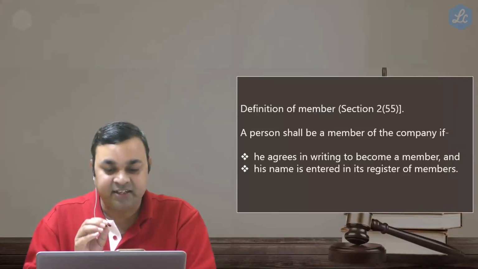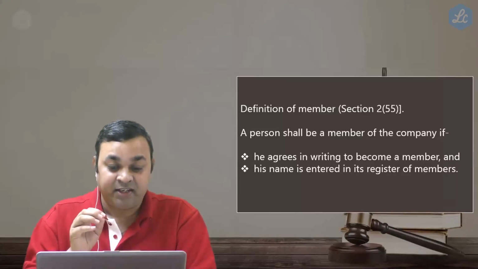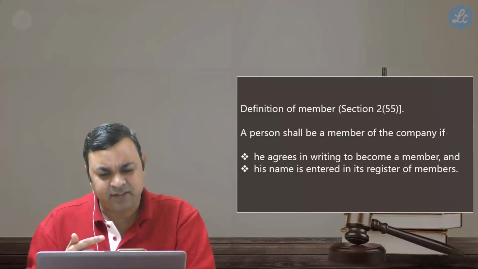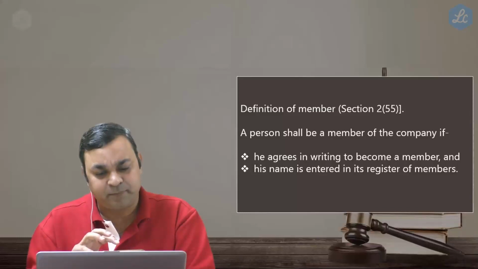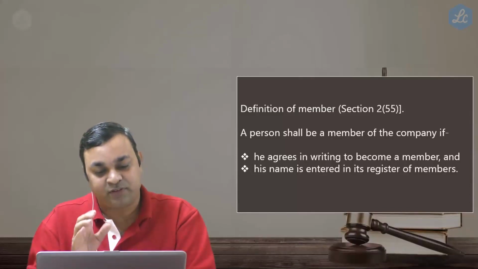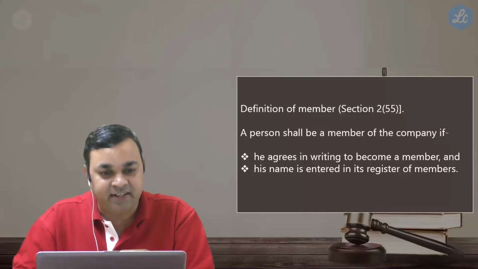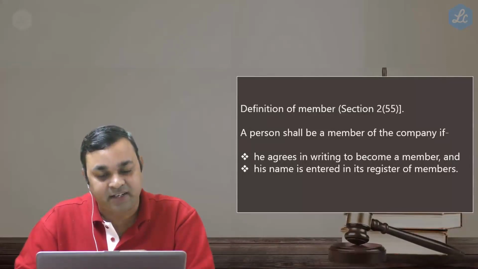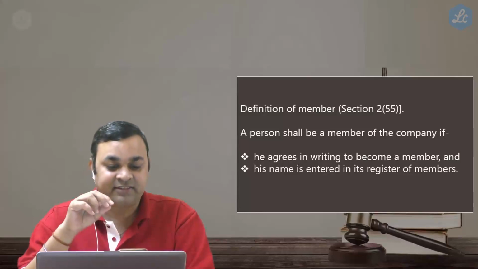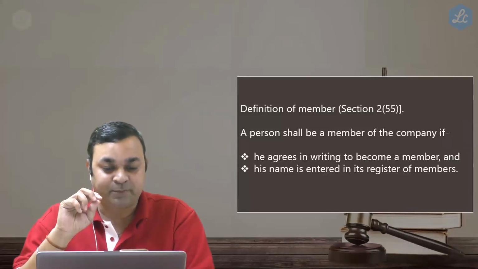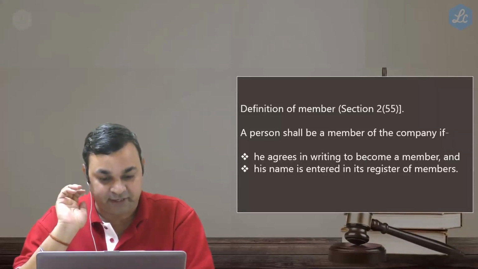They need to maintain a register of members. In case of a listed company, the making of the register is delegated to the depository. Depositories are the intermediaries who maintain that register. So this is the definition of member as per section 2 clause 55.